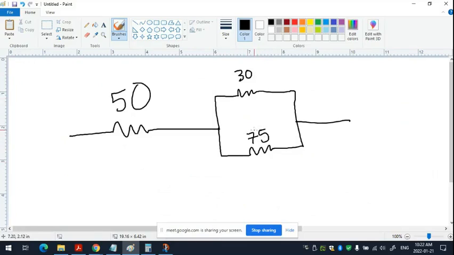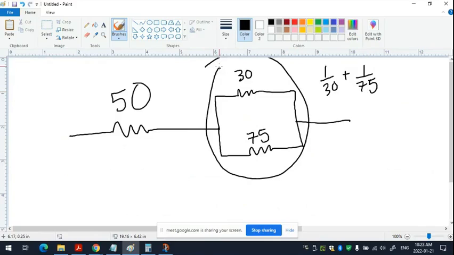Let's calculate. What's 1 over 30 plus 1 over 75? I know at least it's going to be less than 30, right? For those two, the outcome will be less than 30 for sure, because it's lower than the least in the stack.